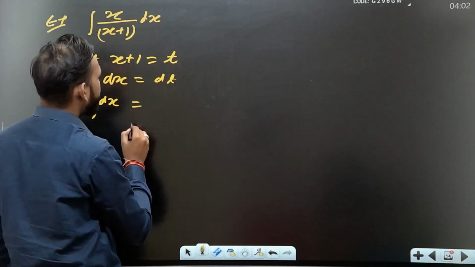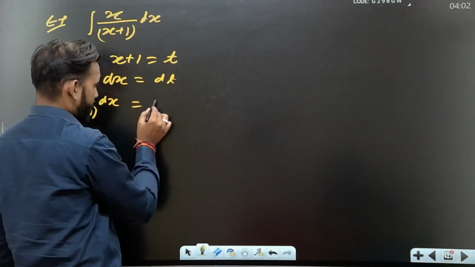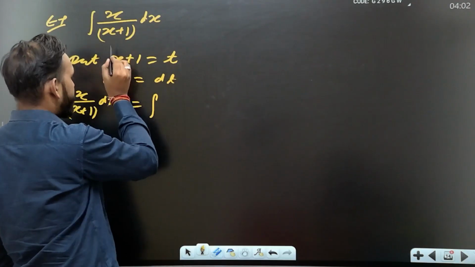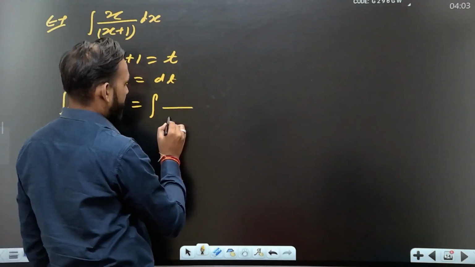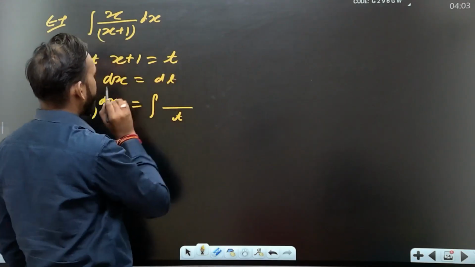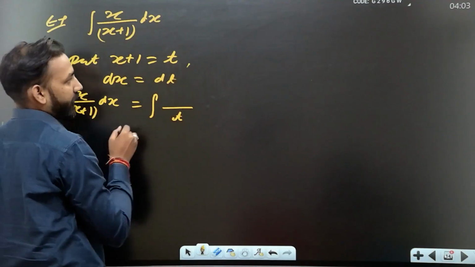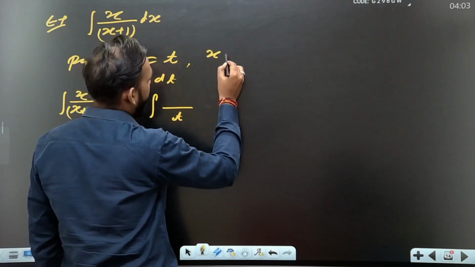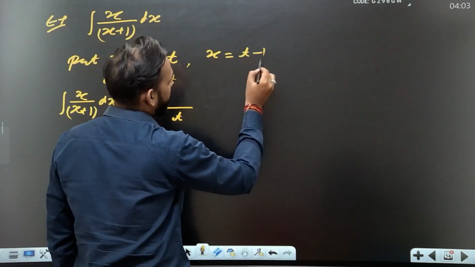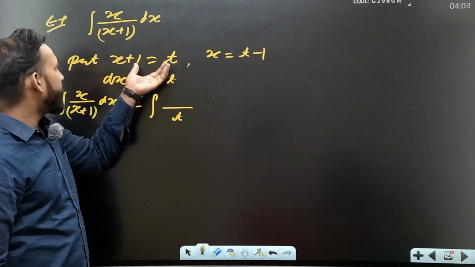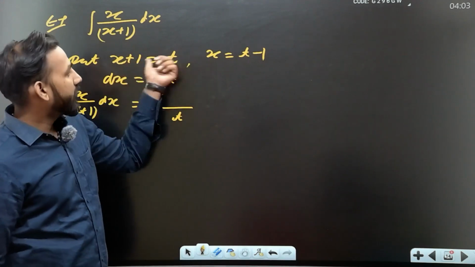We put t in terms of x plus 1 equals t, and we have to put the value of x also: since x plus 1 is t, therefore x is t minus 1.